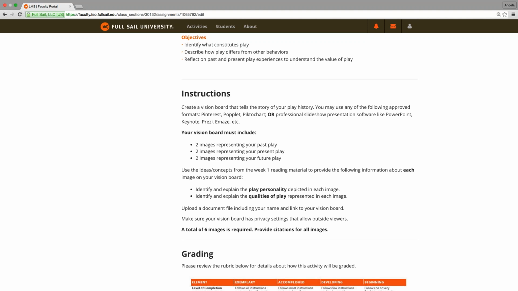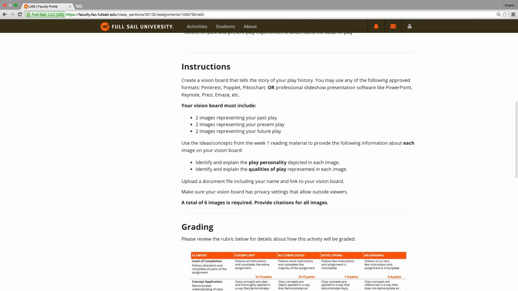All right, do your best to make these 8 different activities. And the other thing that I want to bring to your attention is to remember that in every single image, so 8 times, you will want to identify and explain not only the play personality that is depicted, but also the qualities of play that are represented in each image.